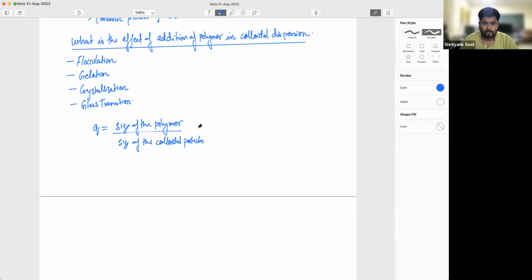The size of the polymer is Rg, which is the radius of gyration, and the size of the colloidal particle is R.